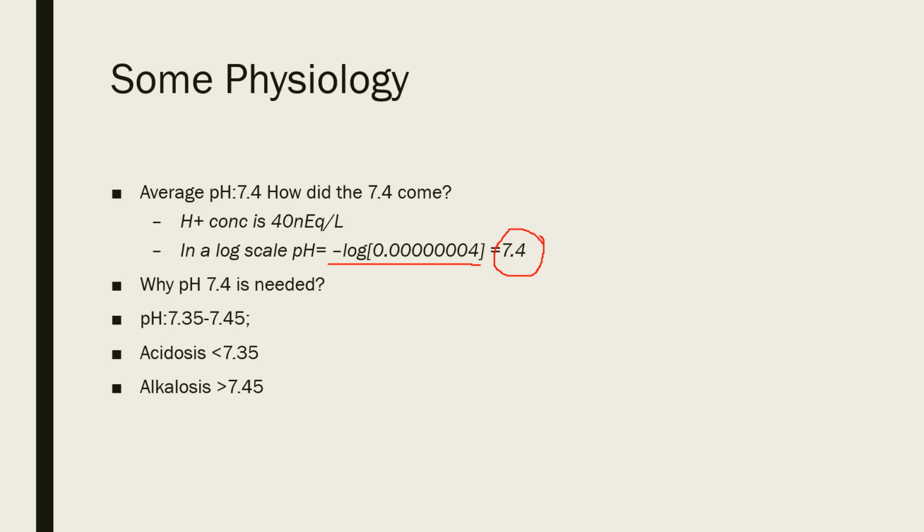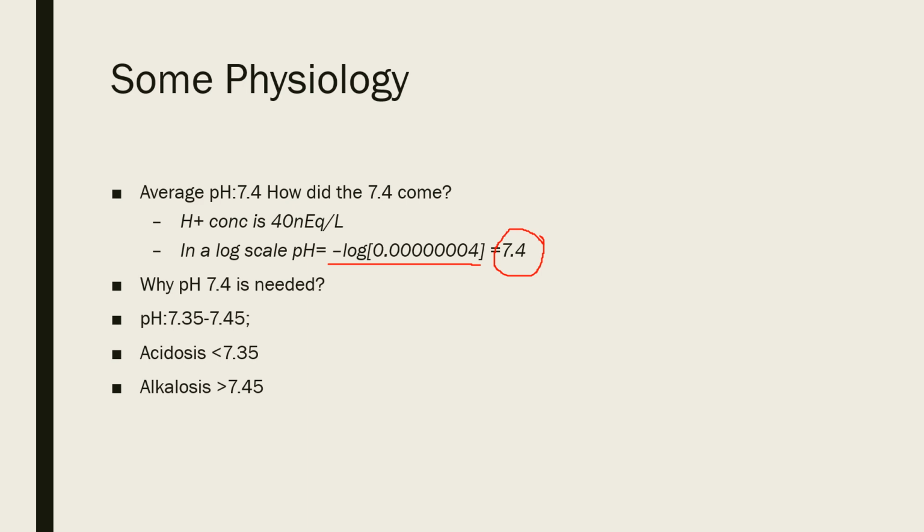Because 7.4 is the pH that is required for most of our biological functions, the most important of which is the hemoglobin and oxygen relationship, and others. Most of the biochemical reactions have intermediates. Those intermediates should remain in non-ionic form for them to continue in the reaction to form an effective product.